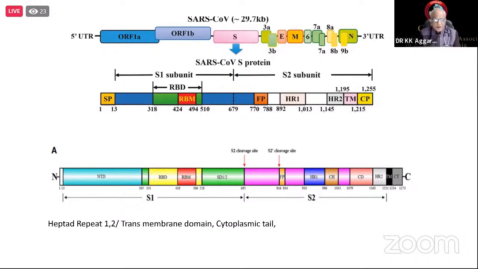Before the RBD and RBM, there is the NTD, called N-terminal domain, which is seen in the bottom one very clearly. Our focus has been on RBD and RBM, thinking that RBD and RBM are most responsible for attachment to the ACE2 receptor.